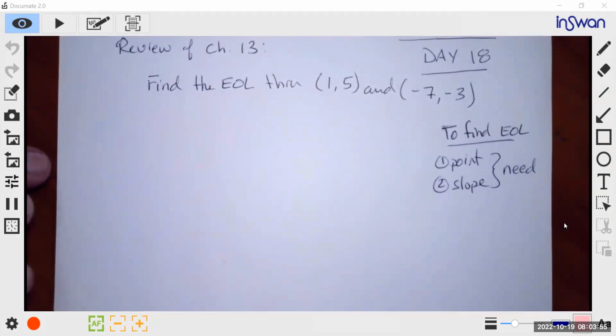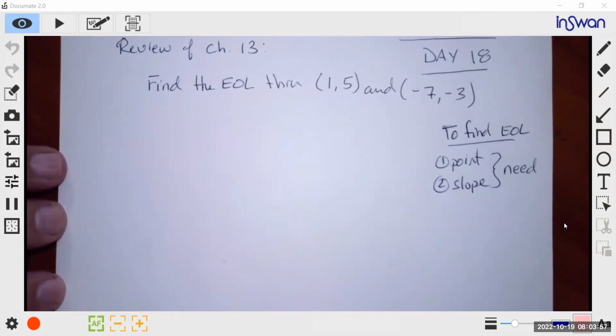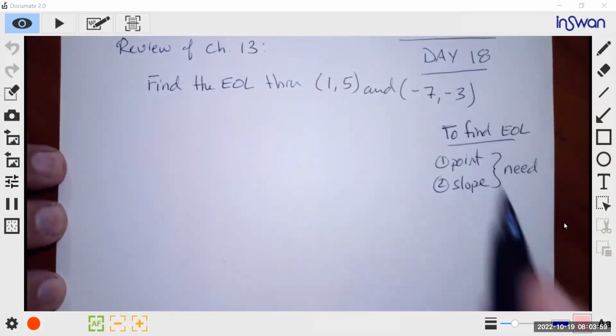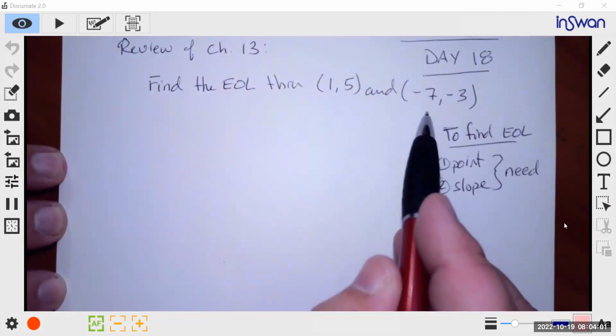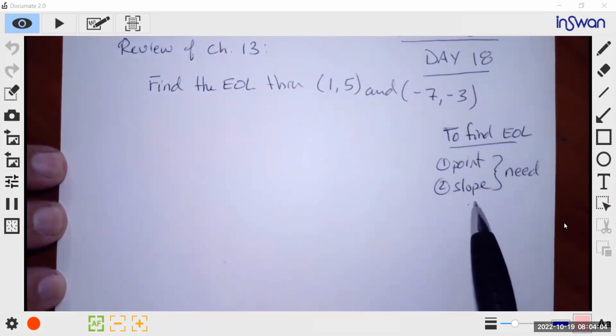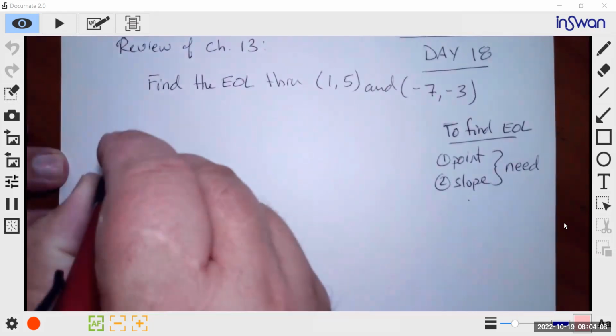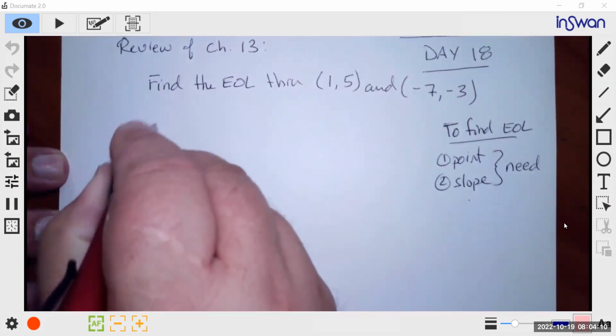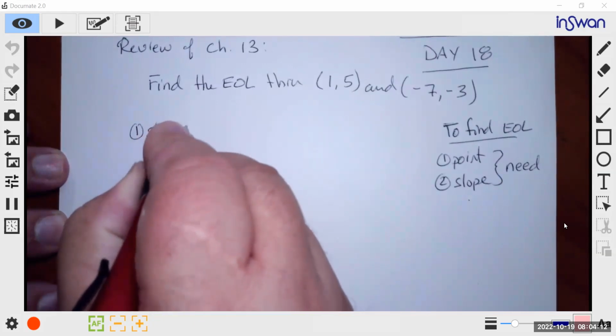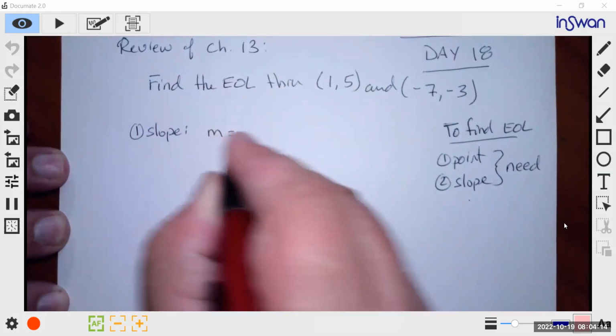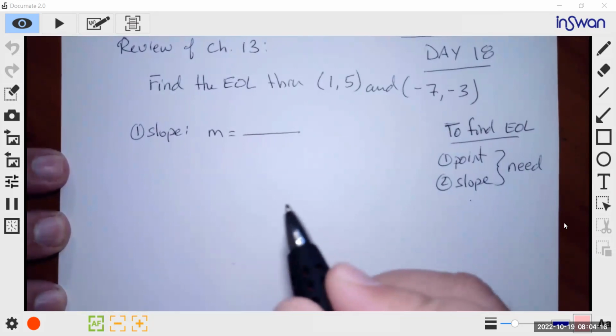Those are the 2 basic things you need to find the equation of a line. We have a point, we choose either one of these. Do we have a slope? Not yet. Can we find the slope? What's the formula?